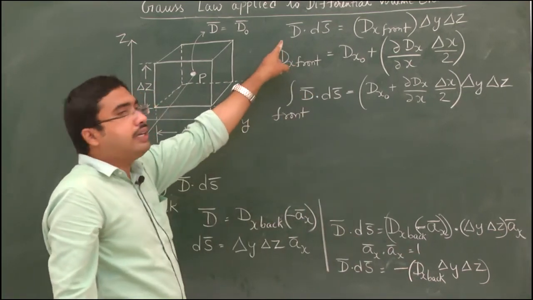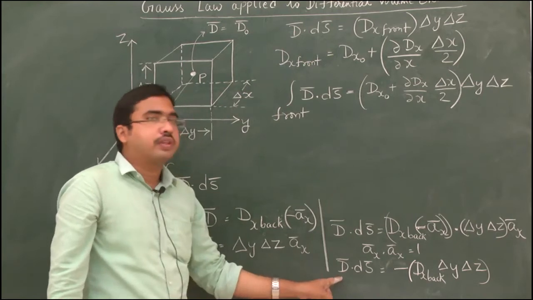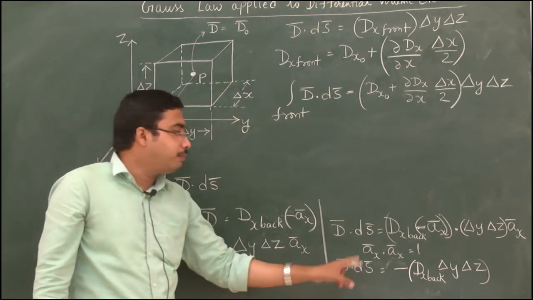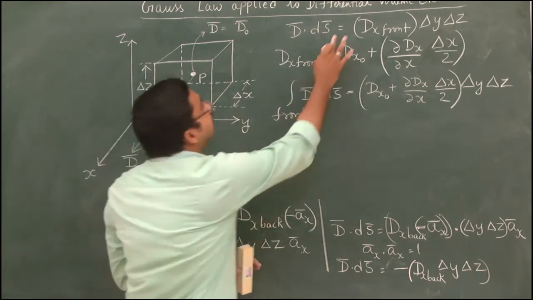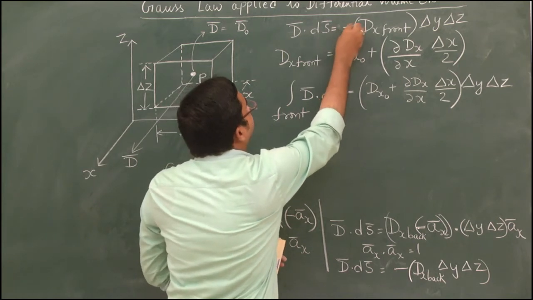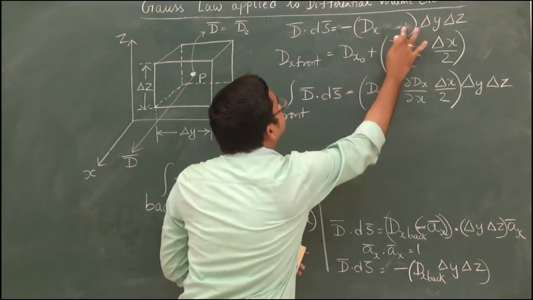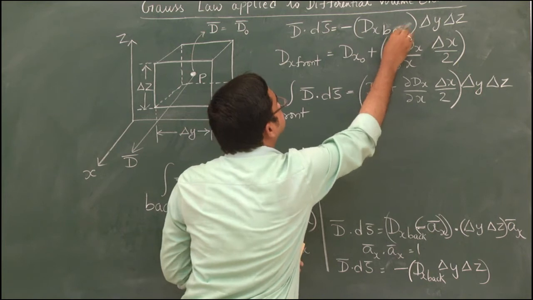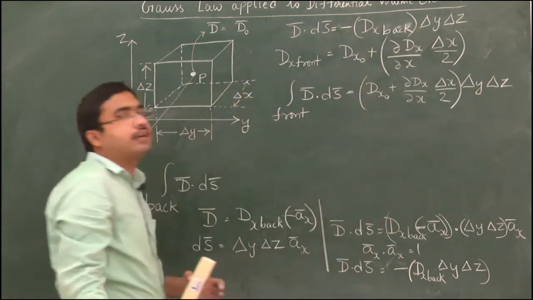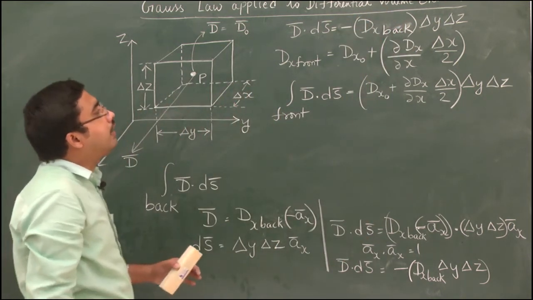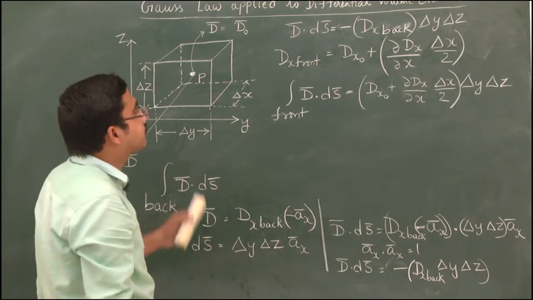So what is the final formula for the back side? Minus Dx of back side expression into delta y delta z.